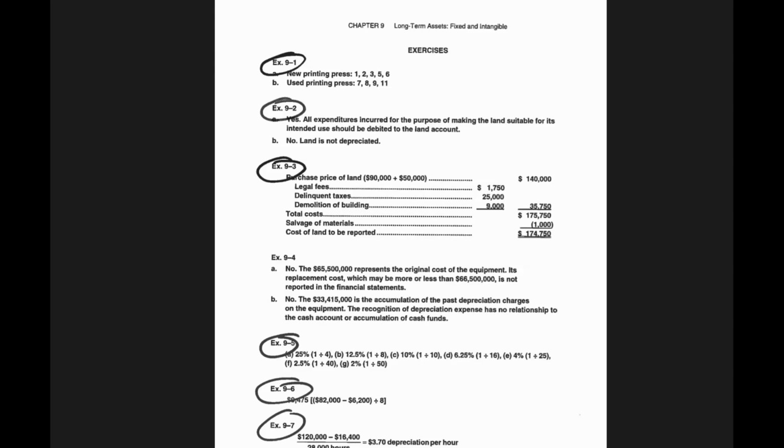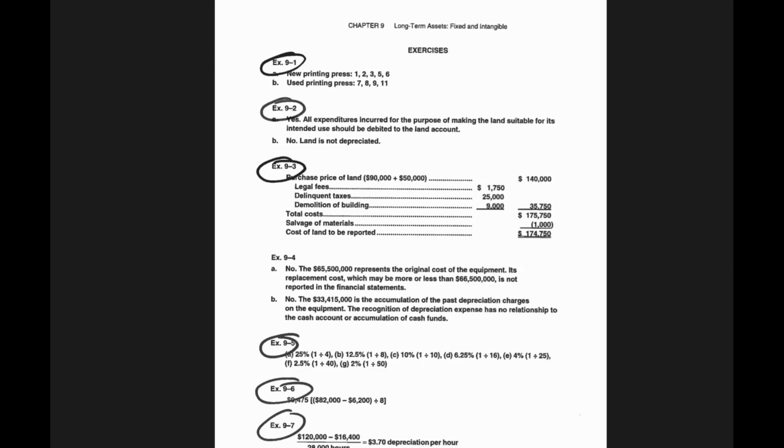Materials salvaged from the demolition of the building were sold for $1,000. A contractor was paid $415 to construct a new warehouse. But the question says, what is the cost of the land?